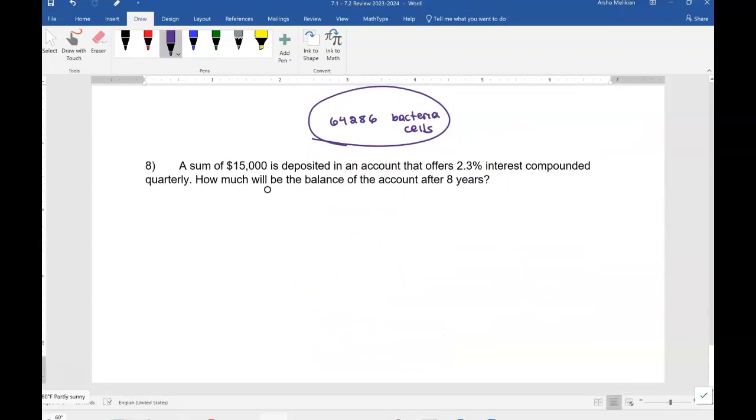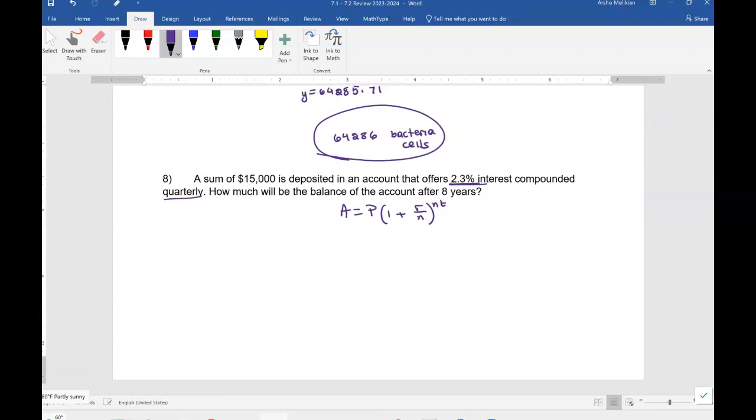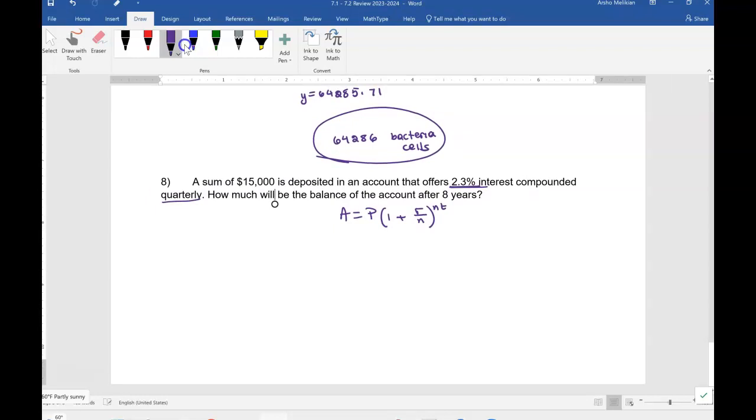A sum of 15,000 is deposited in an account that offers 2.3% interest compounded quarterly. When you see this, you know that this is the formula you're going to use. A equals P times 1 plus r over n to the power of nt. The initial amount is my P. Okay, there's always an initial amount.